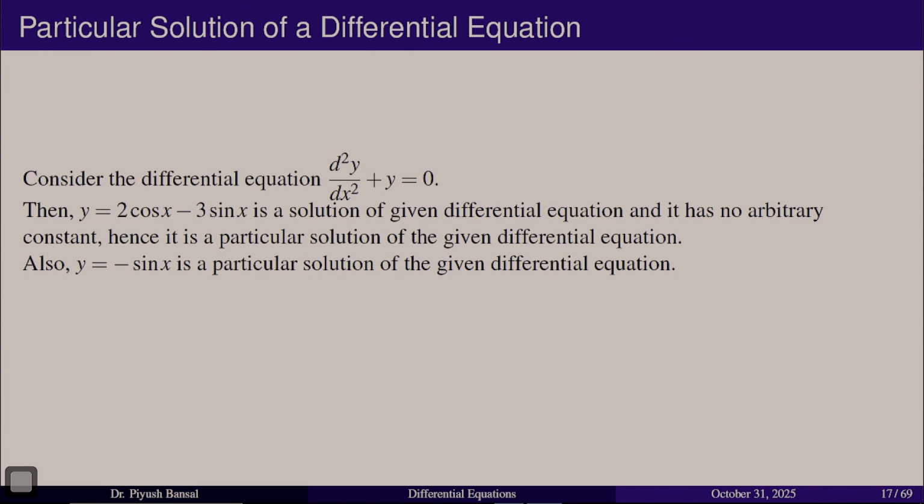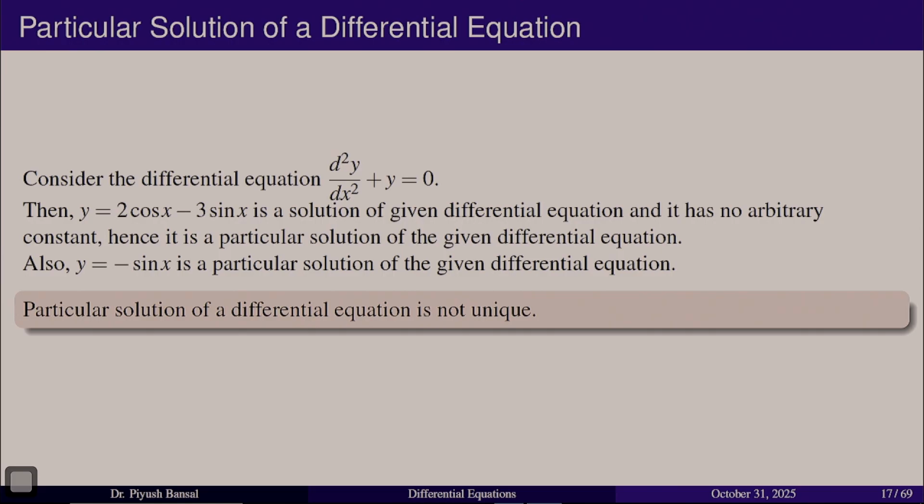You can assign any arbitrary values to the constants a and b, which means we can have uncountably many particular solutions. So, basically, the particular solution of a differential equation is not unique.